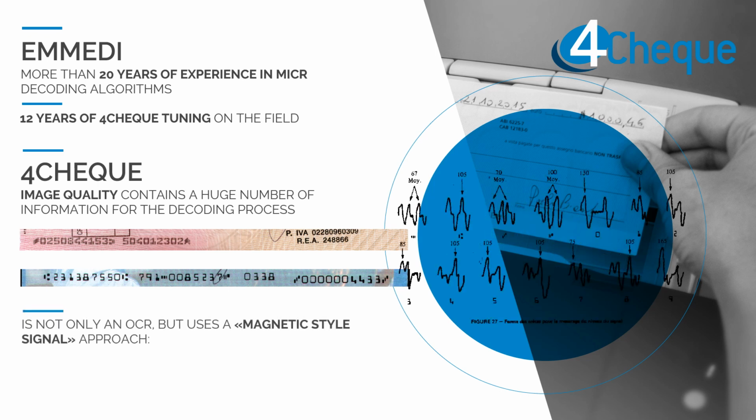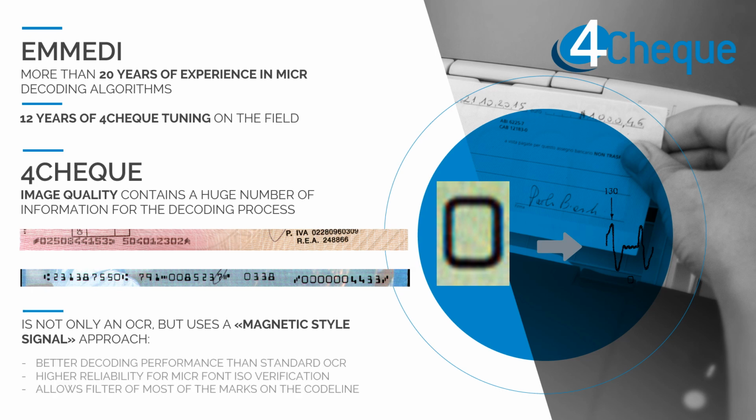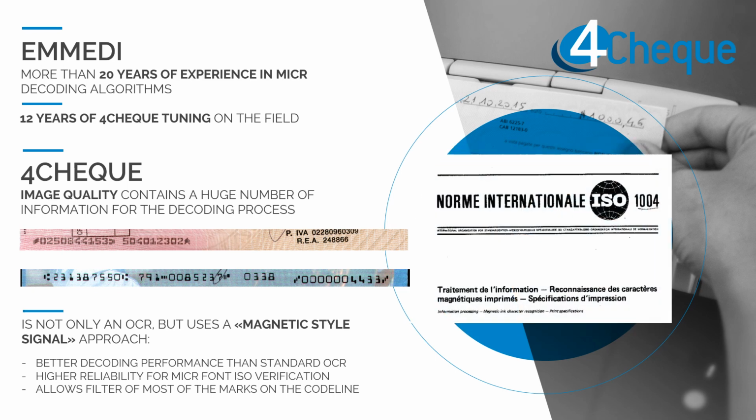An important feature of 4Cheque is that it uses both the OCR engine and the magnetic style approach, which permits better decoding performance compared to a standard OCR, grants higher reliability for the MICR font, ISO verification, and allows filtering most of the marks that can be present on the code line.